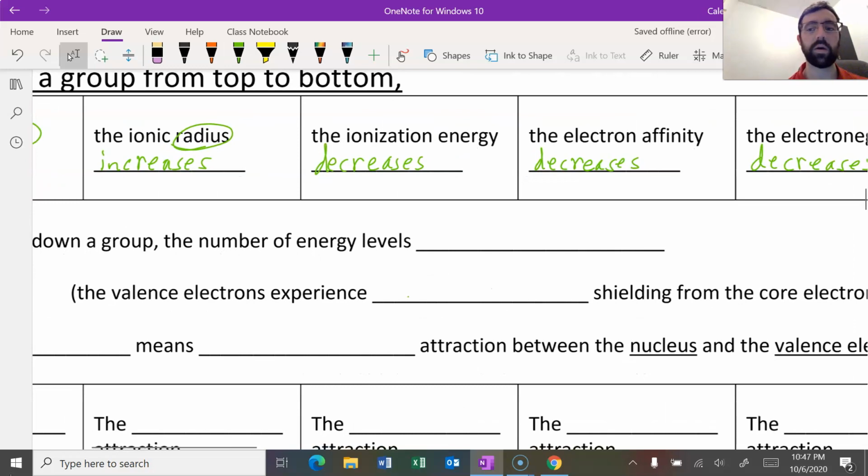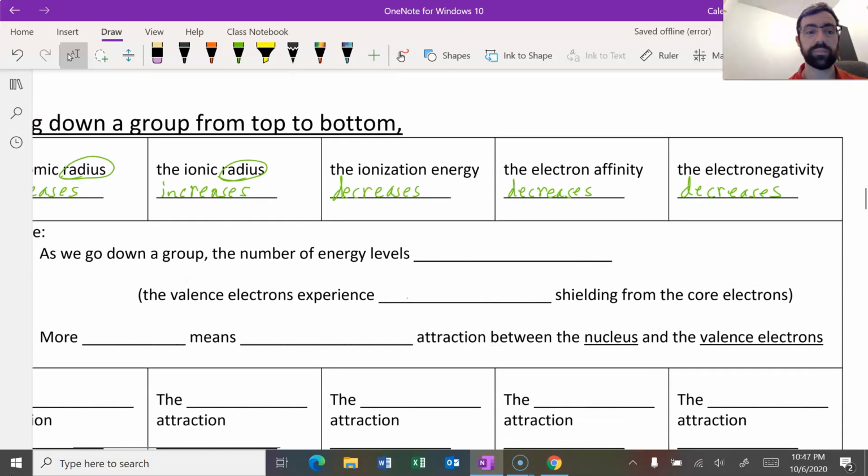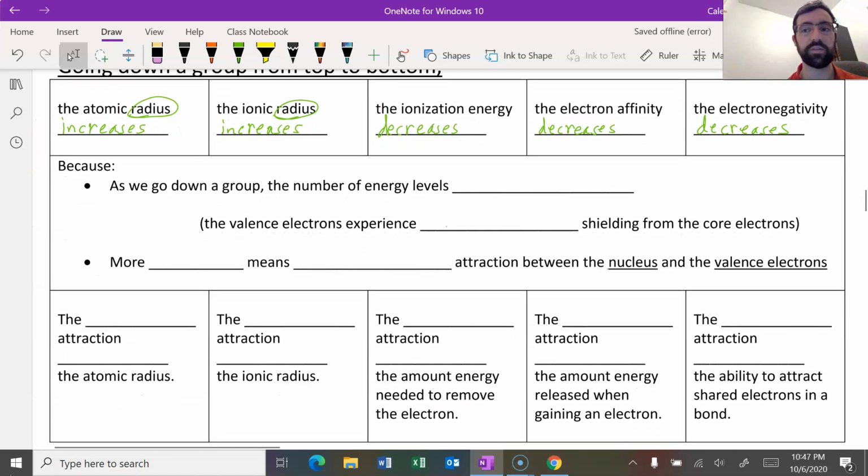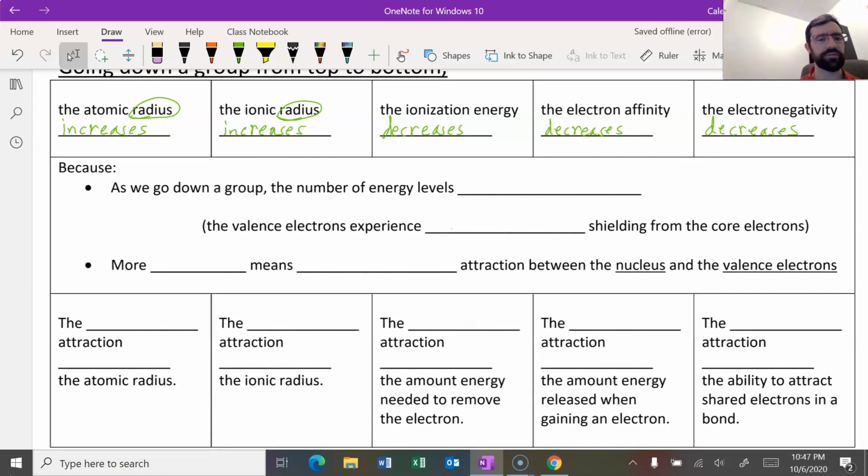All right, now let's talk about why. We just kind of reviewed page 2 in that part right there, and then the first page talked about why. As we go down a group, the number of energy levels increases. The valence electrons, so that's the outer electrons, when we go out to a new energy level, we increase the number of energy levels, so the valence electrons experience more shielding from the core electrons.